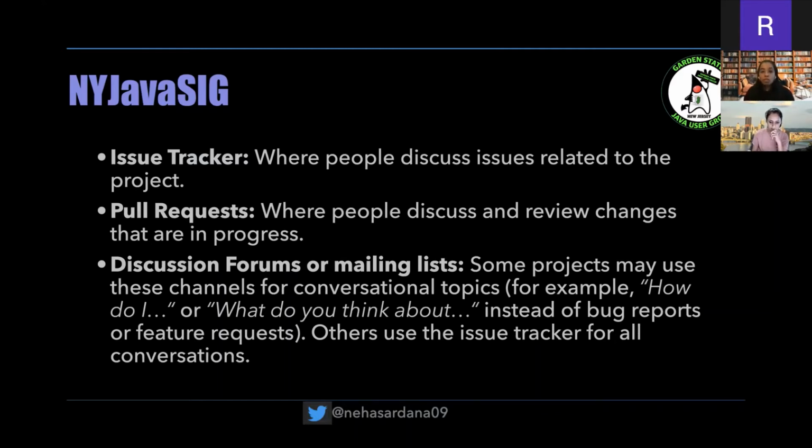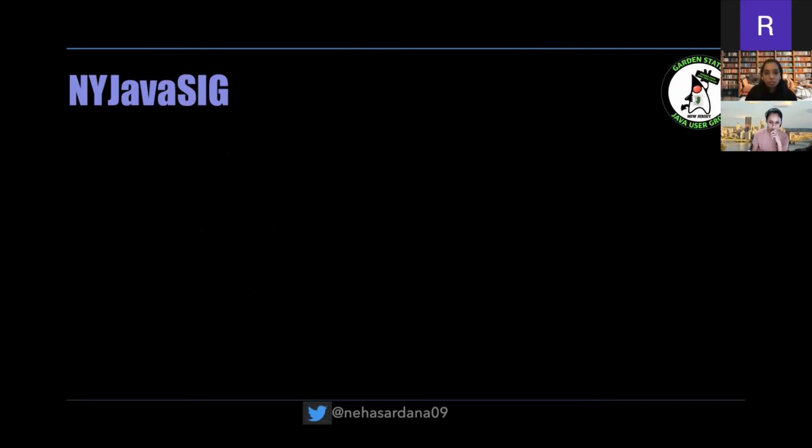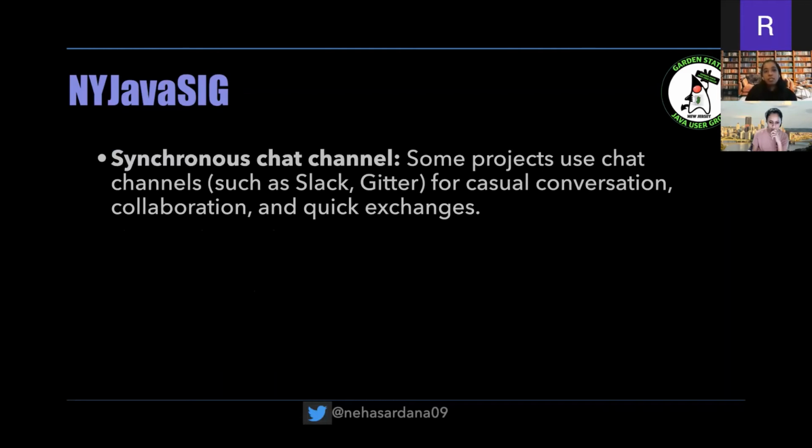So other than the issue tracker, discussion forums or mailing lists can be used for all conversation purposes. And people give feedback on mailing lists as well. It may be good feedback or a complaint, but it's always nice to have good feedback. Then there's a synchronous chat channel.